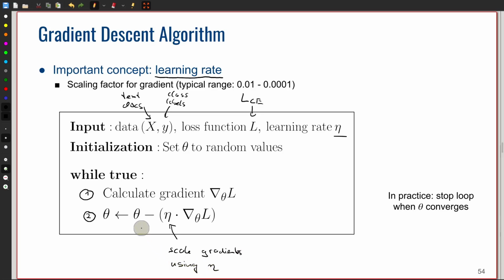And then calculate our current set of theta values minus these scaled gradients. And we have to use minus instead of plus, because recall that the gradient points into the direction of the greatest descent.